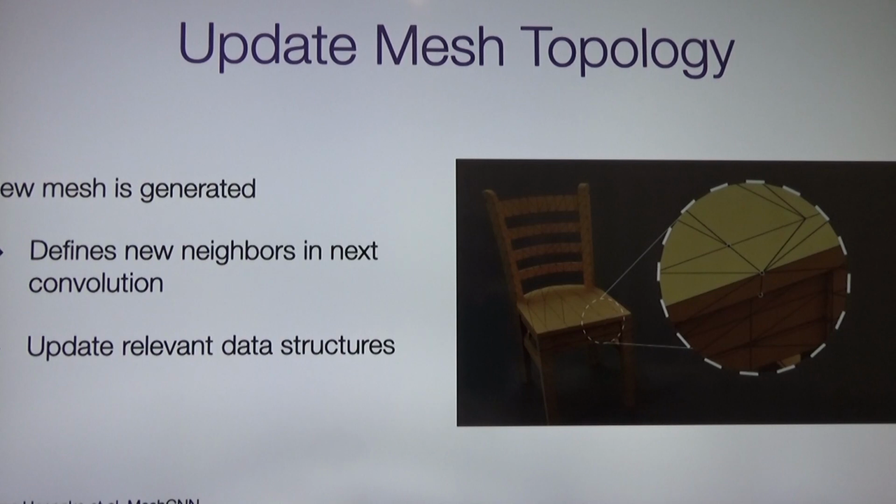What it does is simplify the mesh. So it selects these 2 triangles here, and then it collapses this interior edge.